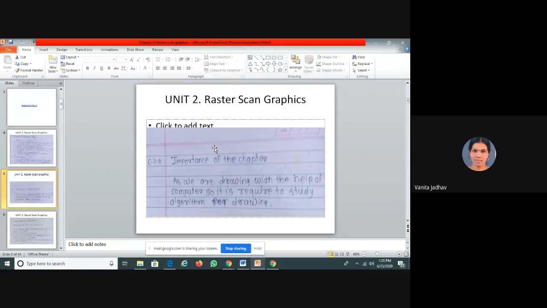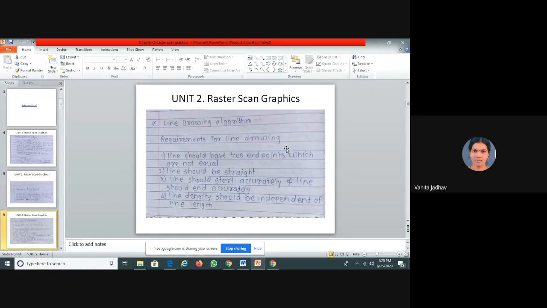For example, if I say 0, 0 and 0, 0, both points are the same. In that case, I'm unable to draw a line; I can draw only one point. So first, we are discussing the requirements for line drawing. A line should have two endpoints which are not equal.